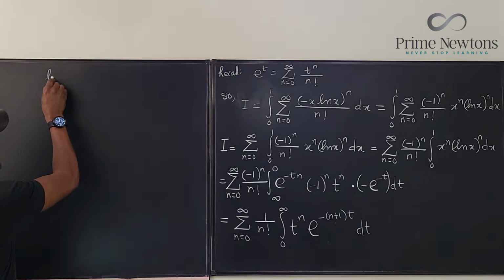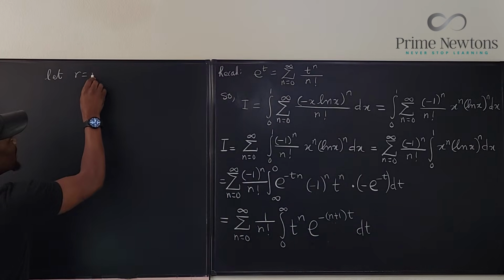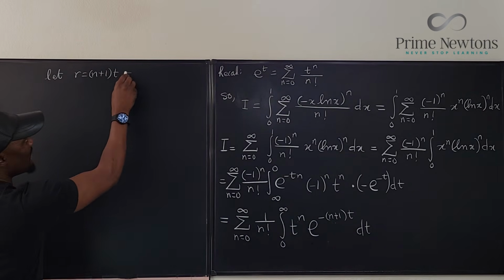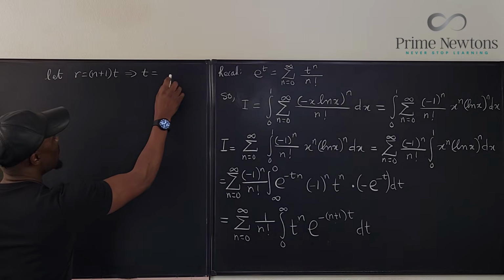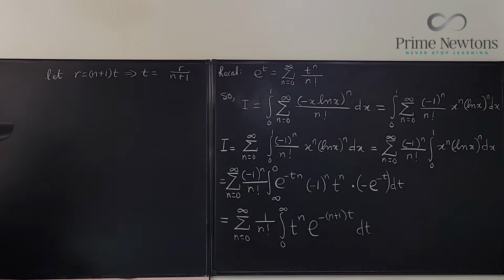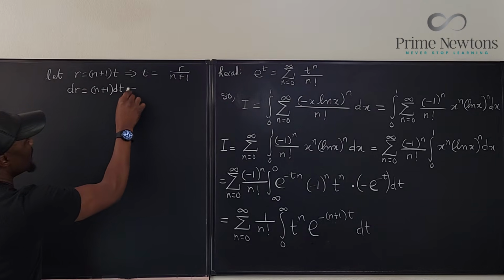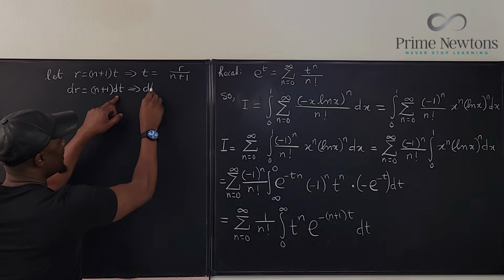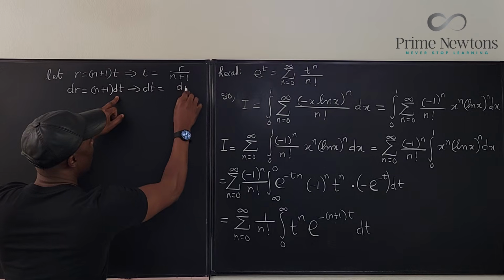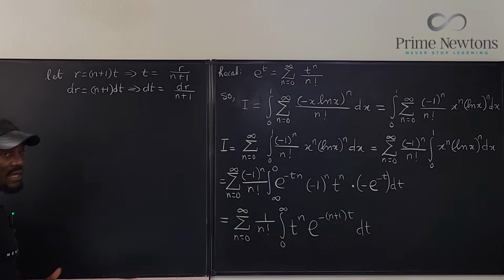So I'm going to say, let r be n plus 1 t. So that means that t equals r over n plus 1. And if I differentiate, I have dr equal to n plus 1 dt, which implies that dt will be equal to dr over n plus 1. And I think that's it.